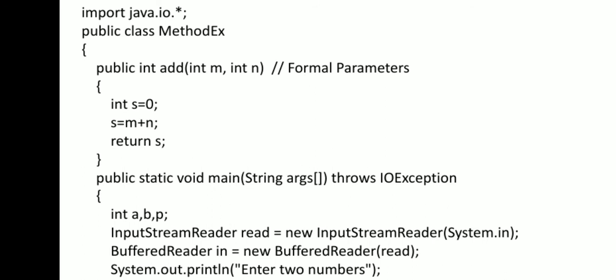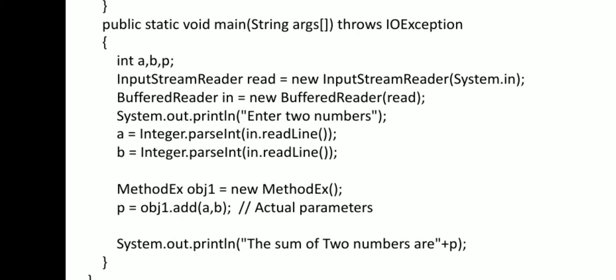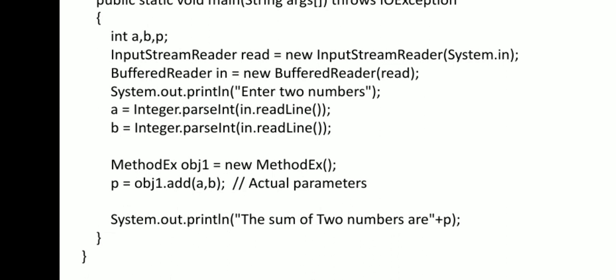Otherwise, we can say this method is specific to a class, so only objects of that class can access this method. Now see the difference in how we have to access it. We should first create an object for the class, and by using this object we can access that method.